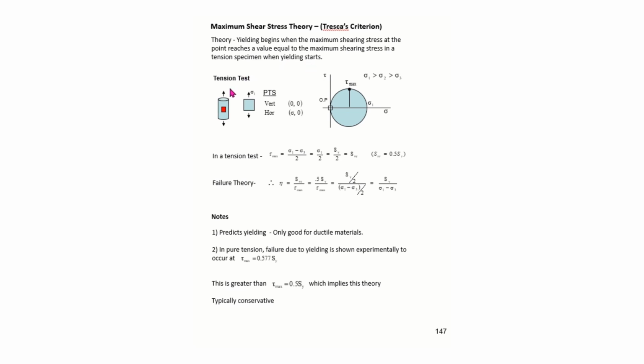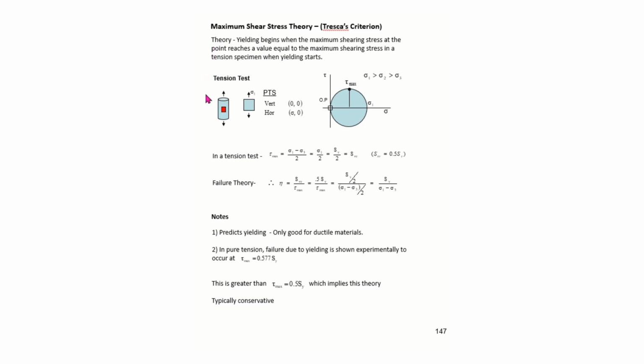So in other words, we take a tensile specimen and we stretch it, and the maximum shearing stress in the tension specimen at the point where it starts to yield, when that equals the shearing stress at our point of interest, then we fail.